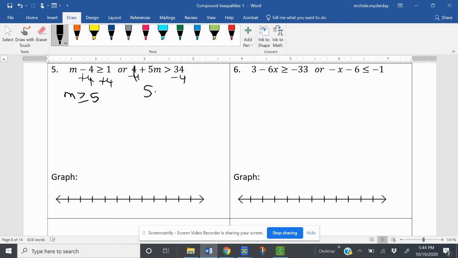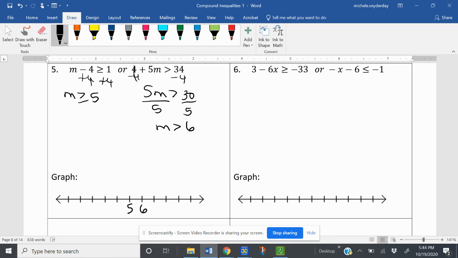And we have 5m is greater than 34 minus 4, which is 30. Divide both sides by 5. And our second inequality is m is greater than 30 divided by 5, which is 6. So our most important numbers are 5 and 6, nice and close together.